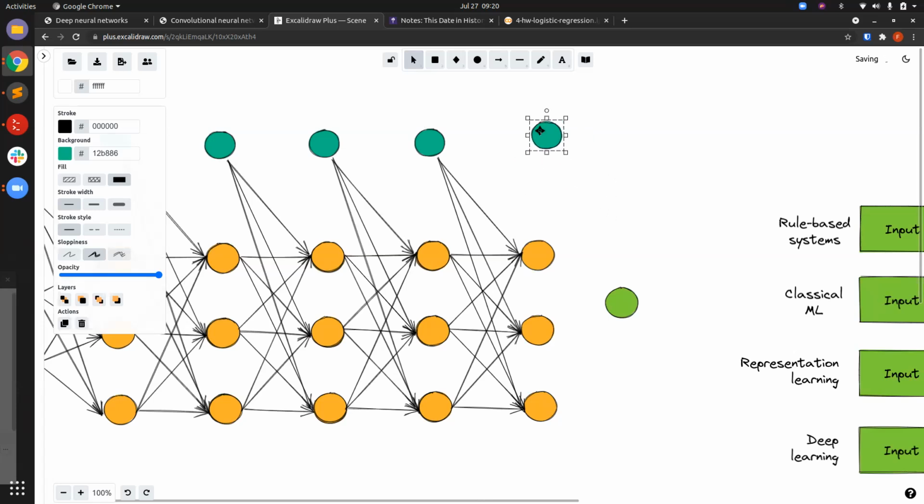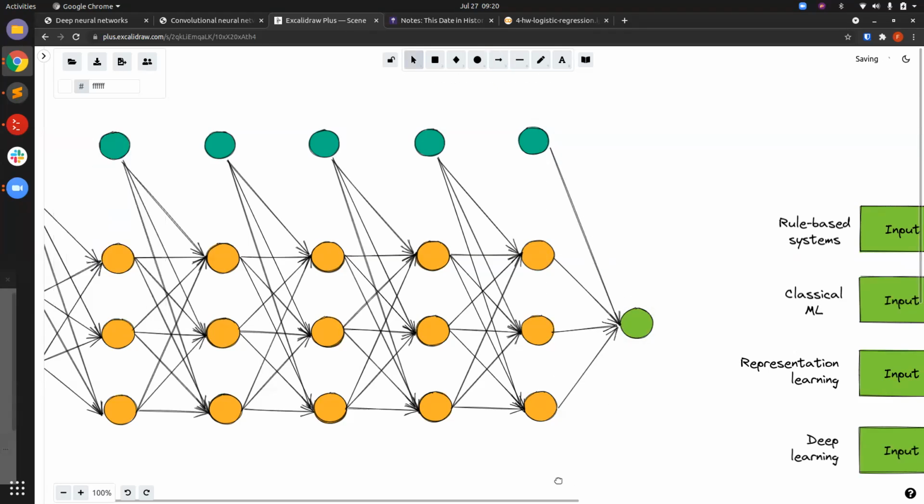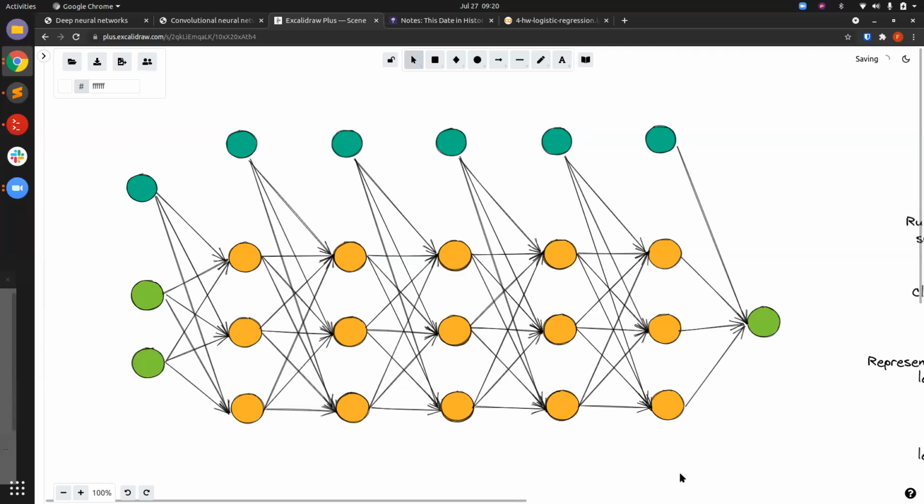So they can learn much more advanced features. And again, my output node works exactly the same way. So everything works the same way. At the input to each unit, I take a weighted sum of the outputs of the units in the previous layer. And then I apply an activation function, and that is the output to the next layer.